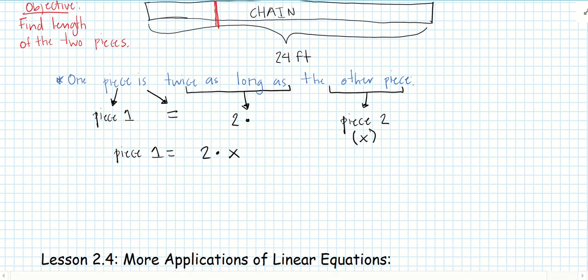Now, the second part of the problem says that the 24 feet chain is cut in two pieces. So what this means is that both pieces together create a total of 24.